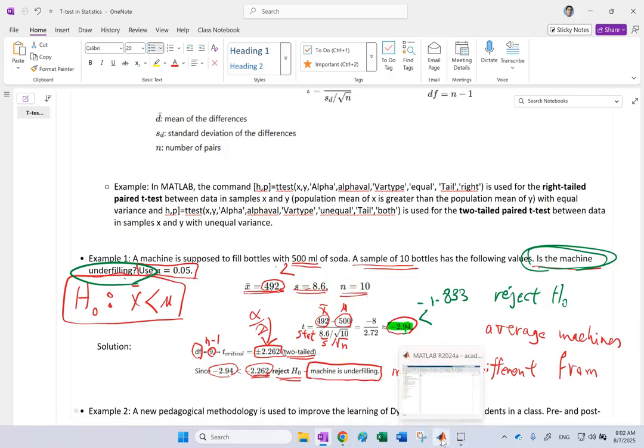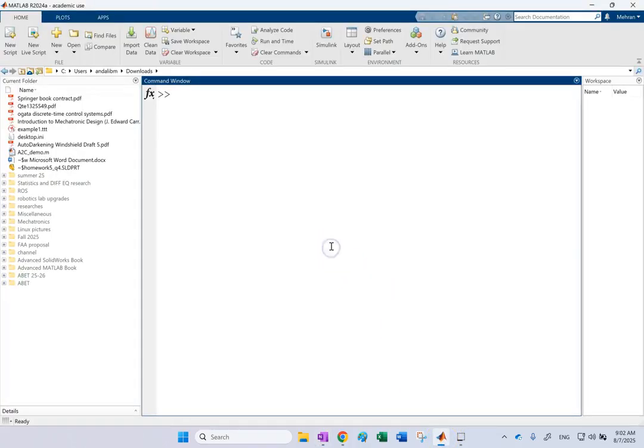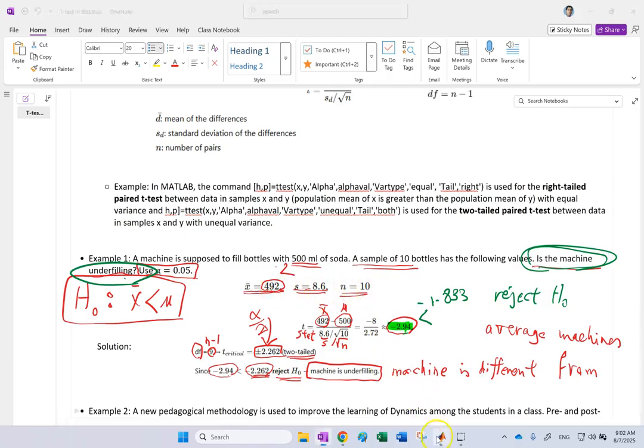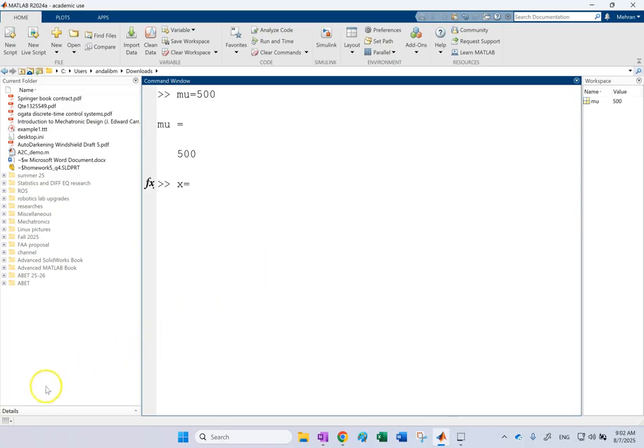So while my mu is 500, for x, as I said, I need to generate data from a normal distribution such that their average is 492, their sample standard deviation is 8.6, and I need 10 data points because I don't have those data. I just have the summary of the data. Okay, so here I artificially make those data in MATLAB.